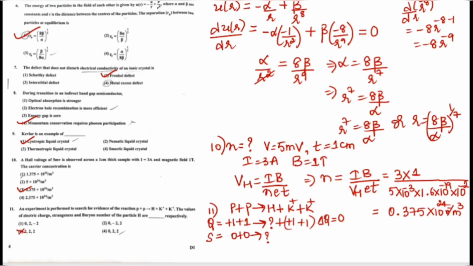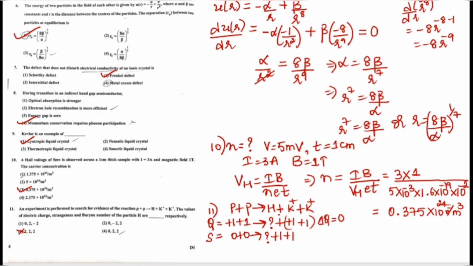Now we need to see the conservation for the strangeness. For strangeness, for proton it is 0, as we know, and for H which we don't know, I have written here question mark. And for K positive it is plus 1, and again for K positive it is plus 1. If we add these two, simple algebraic addition, it will be plus 2. What will be the strangeness for H? It should be minus 2.